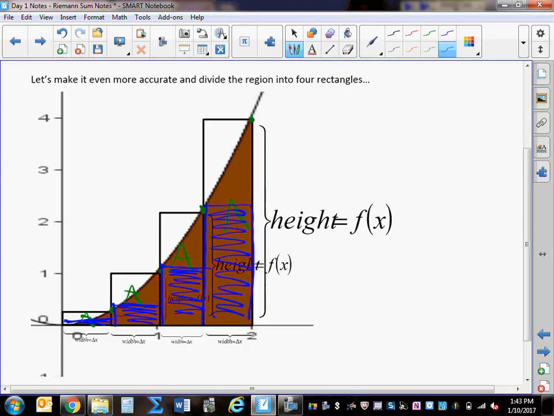Right? So this is what we would call a left-hand sum, using left-handed rectangles, where the corner on the left side is what lies on my curve. Now, using a left-hand approximation and right-hand approximation, we can get good general ideas. Again, the larger number of rectangles you have, the more accurate it's going to be.